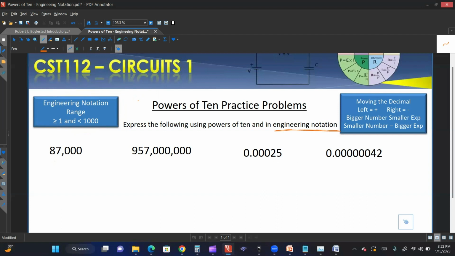So for this first example, 87,000. Of course this number is greater than 1,000, so we want to make it smaller. To put it in engineering notation, we start moving in multiples of 3. So 1, 2, 3, and then we evaluate.